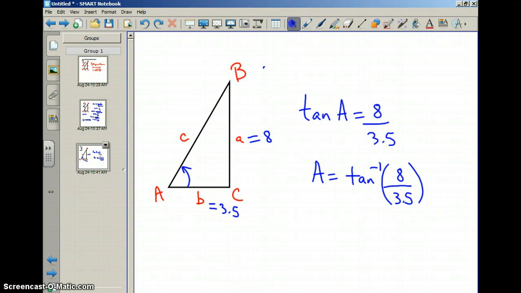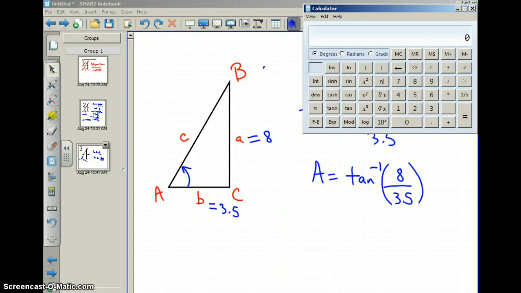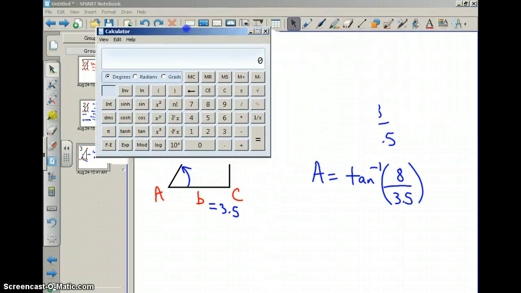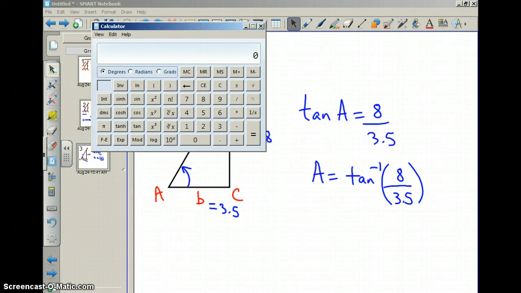Let's find out what it is. Now, different calculators allow you to either enter an entire expression as a formula, or you might have an older calculator similar to this one, where we must first calculate 8 divided by 3.5 before taking the inverse tangent. 8 divided by 3.5 gives us 2.2857.